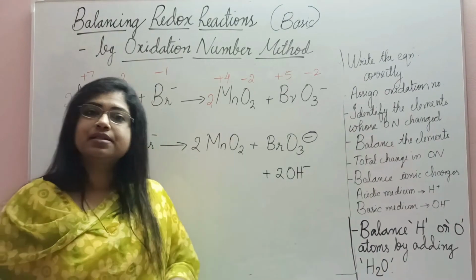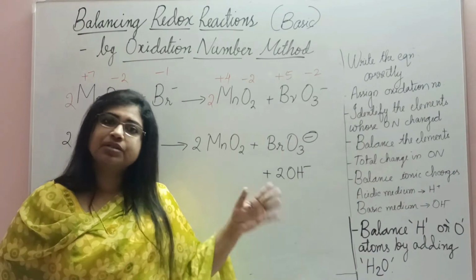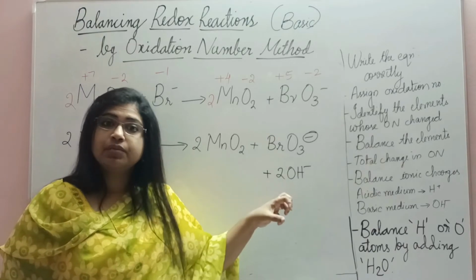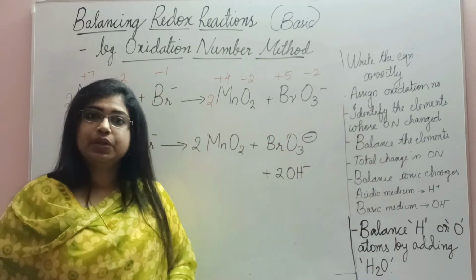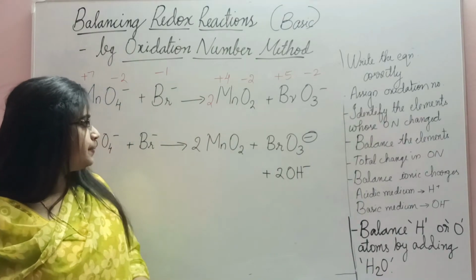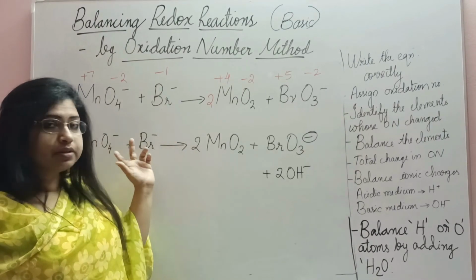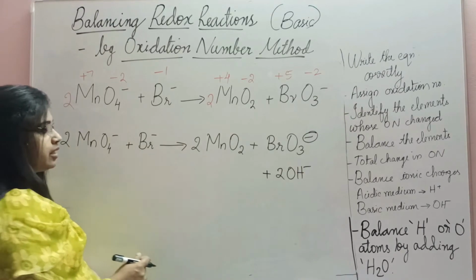Next step is balance the hydrogen and oxygen atoms. Either you can take hydrogen or you can take oxygen atoms. We will balance it by adding water molecules on either side or on the appropriate side of the equation. So let's see. Calculate or count the number of hydrogen atoms. Here there are no hydrogen atoms.